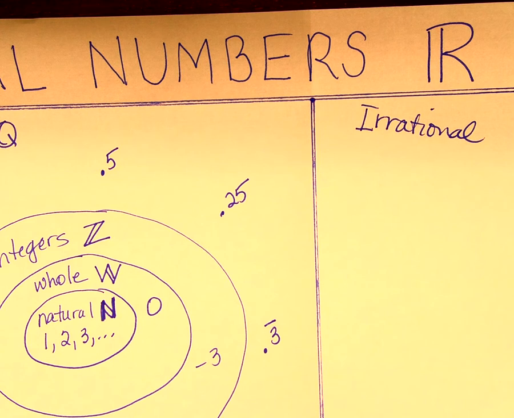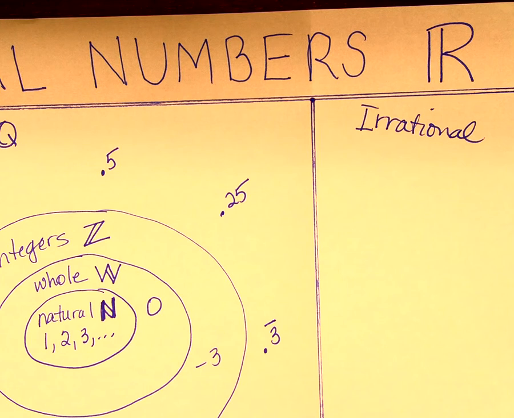Hold on. Answer my question first and then I'll answer that question. What is an irrational number? A number that cannot be written as a fraction. Does that make sense? A rational number can be written as a fraction. An irrational number cannot be written as a fraction.